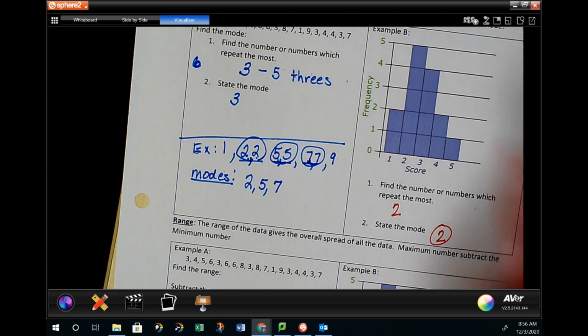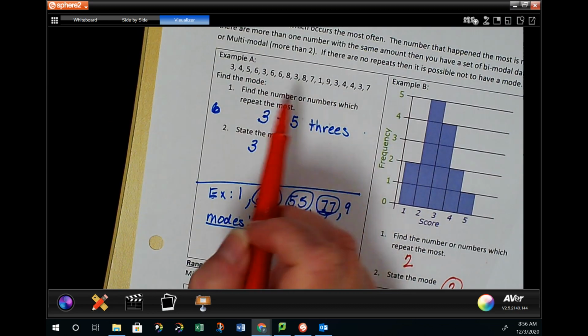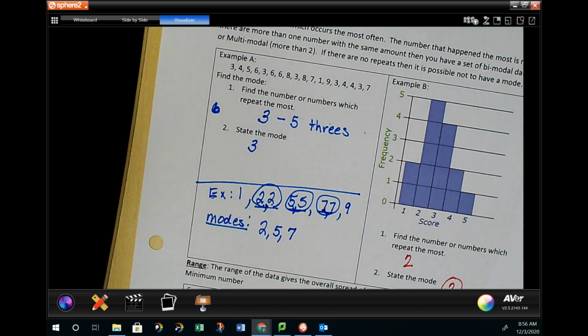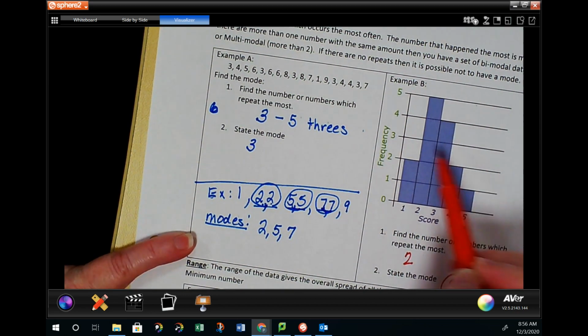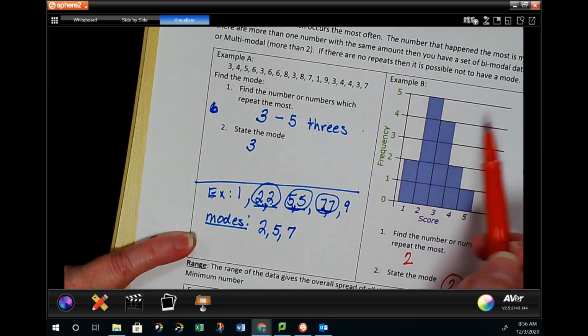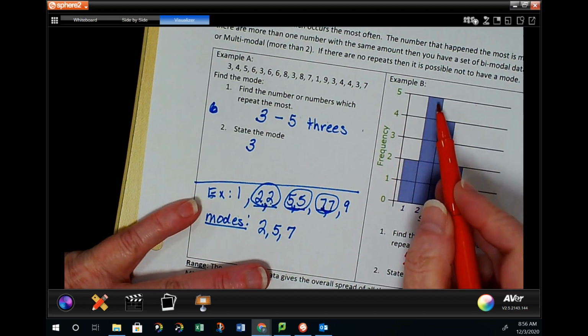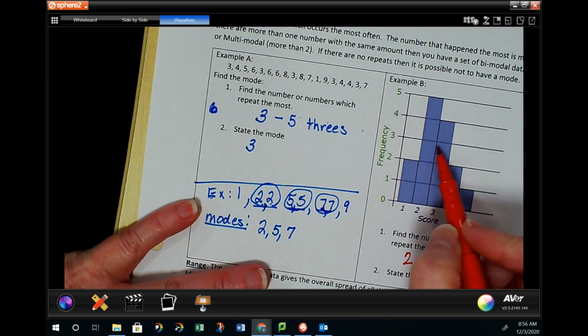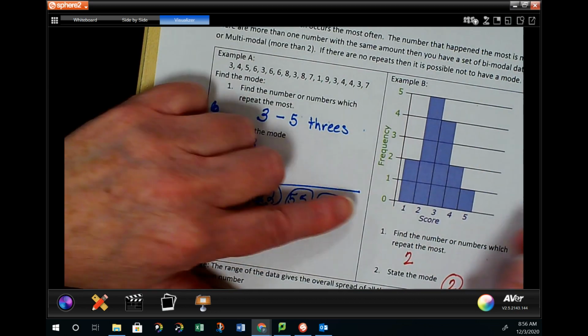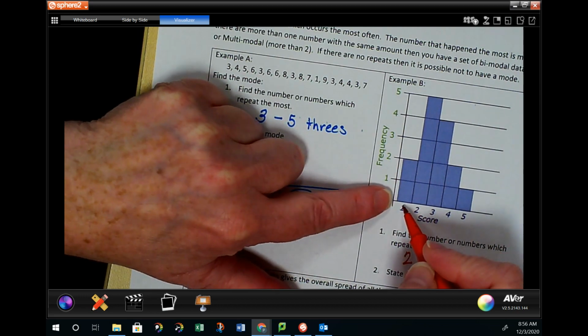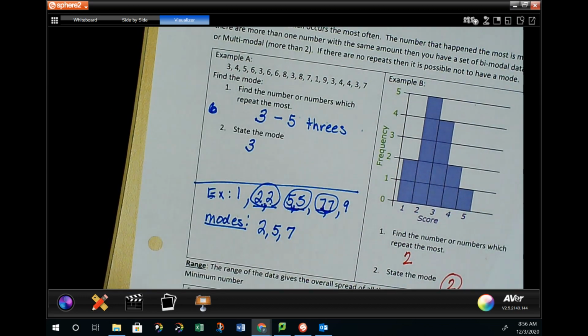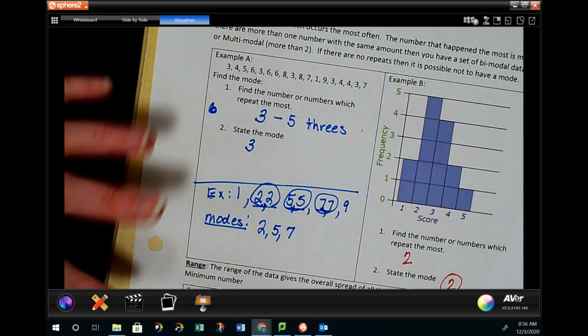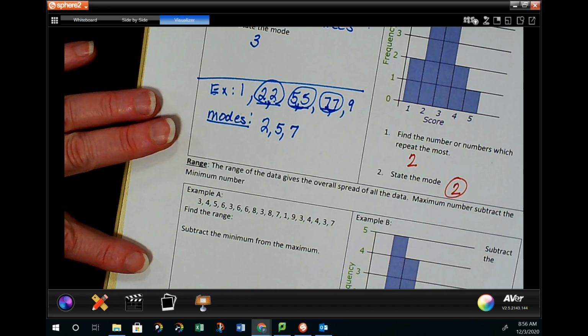When you have a list of numbers, it's really hard to see all of those numbers spread out. But when you have a graphical representation, it's really nice to see, oh, I have a really high peak at 2. And 2s and 3s are pretty close together. So maybe that 1 and that 5 are outliers, and they're kind of messing up our data and skewing it. That comes later.